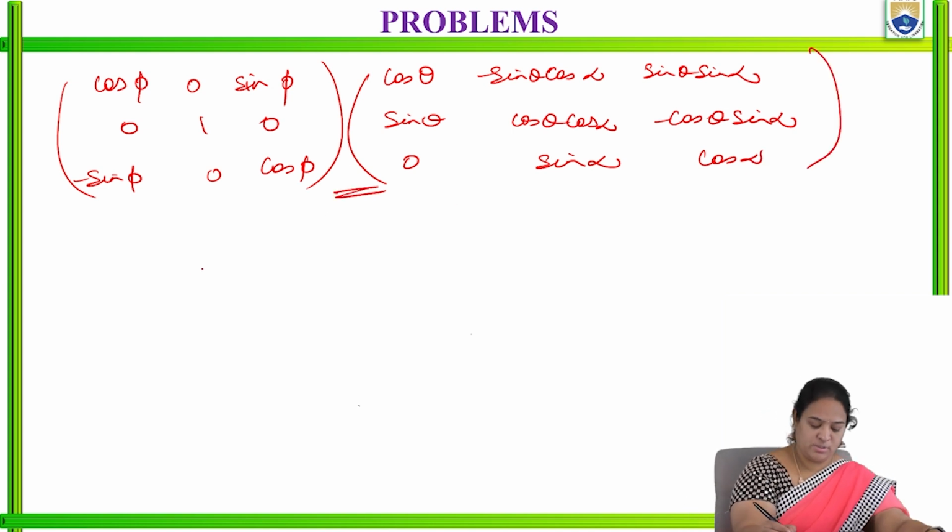When we are multiplying these two, what is the final equation which we get?